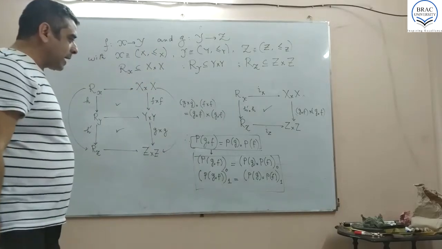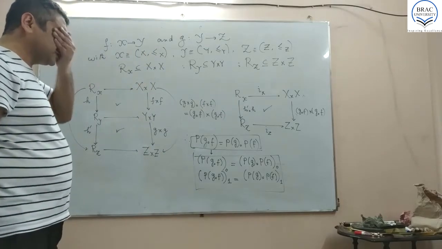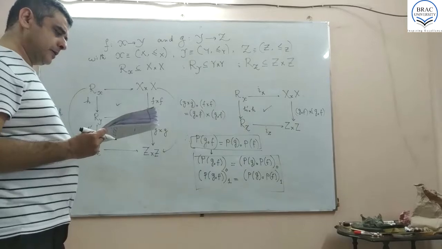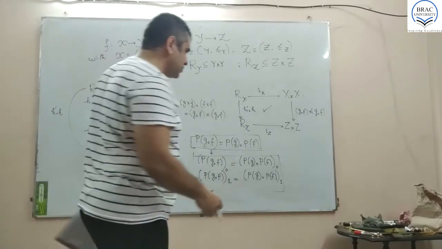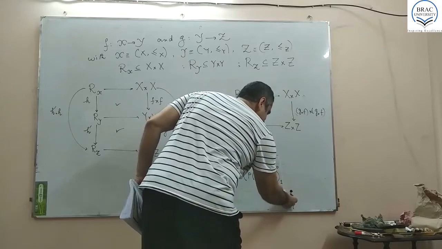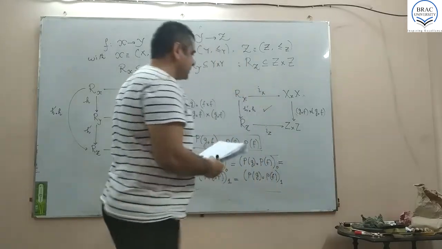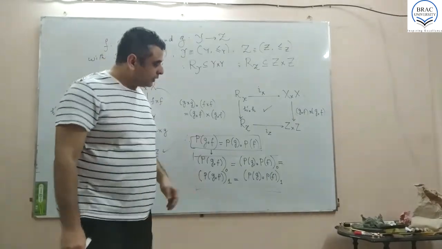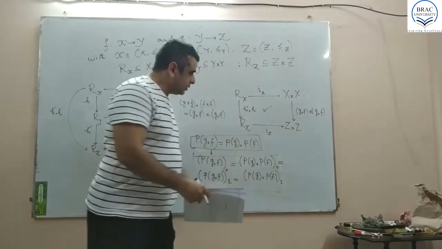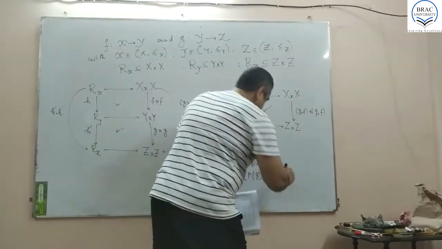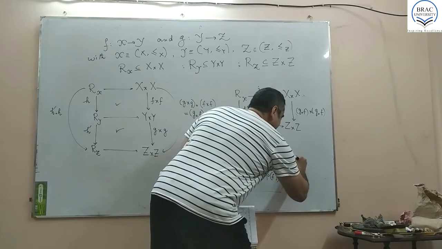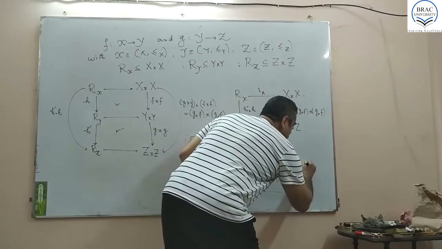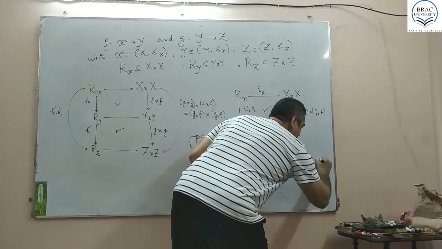Let's see how it happens. When we studied the category of graphs, we explained that this was defined as PG 0 composed with PF 0.